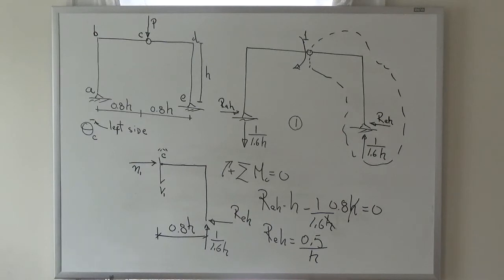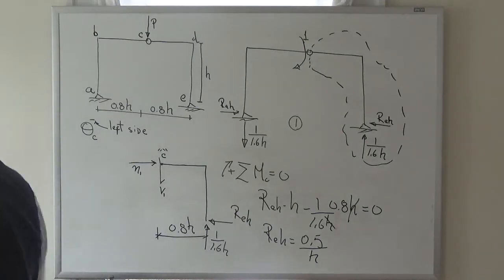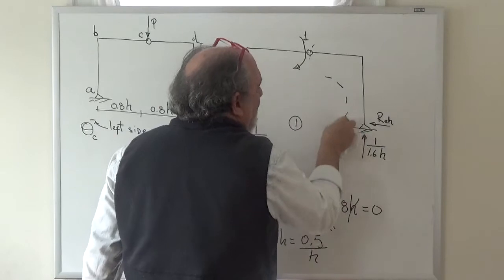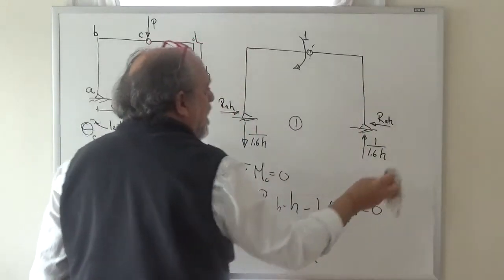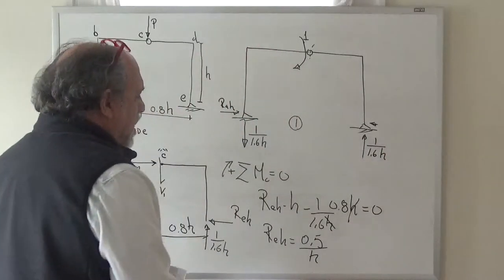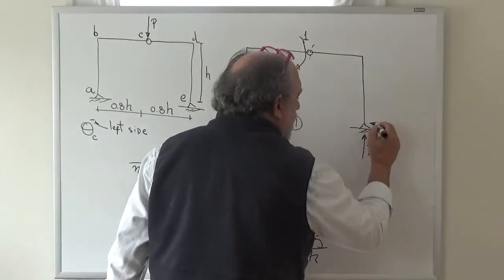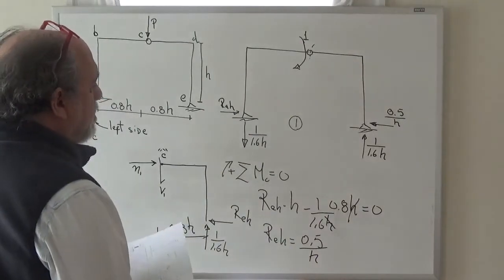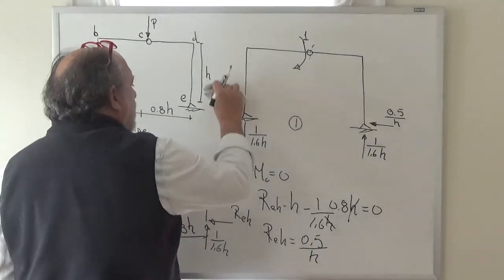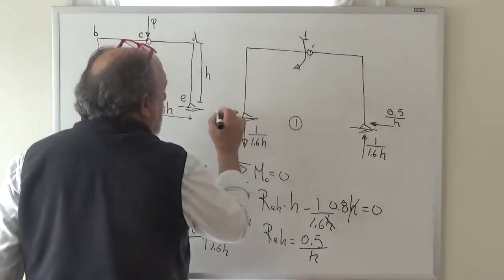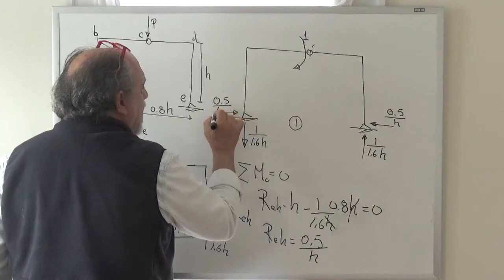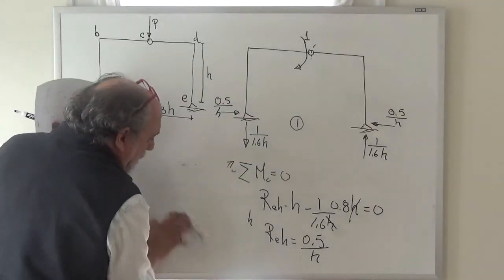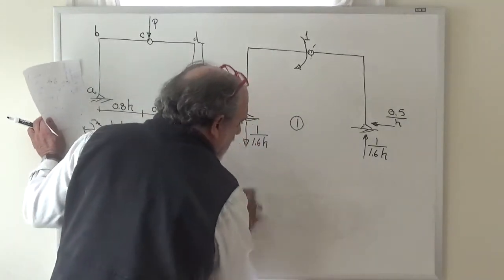Now that I have REH, which is equal to 0.5 divided by H, I can eliminate this dotted thing here, and just instead of having a symbol there, just point that this is equal to 0.5 divided by H. Then, from sum of the forces in the x direction on the initial free body diagram, we have that this reaction is 0.5 divided by H, and we have completed the statics that were needed to calculate the reactions, right?